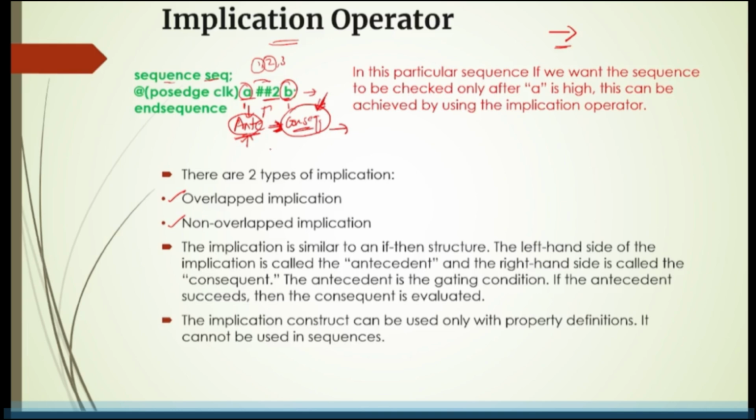Within this evaluation, you have two kinds: overlapped implication and non-overlapped implication. You can detect the difference between these two by the symbol. Also, one important thing to remember is that the implication construct can only be used in property definitions. You can't use this in sequences. You can use the implication operator only in the property itself.